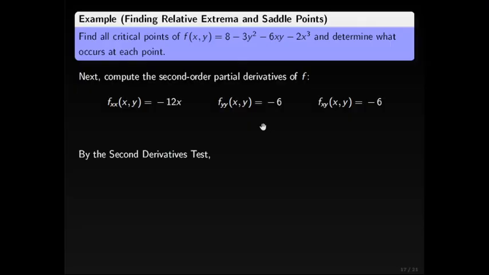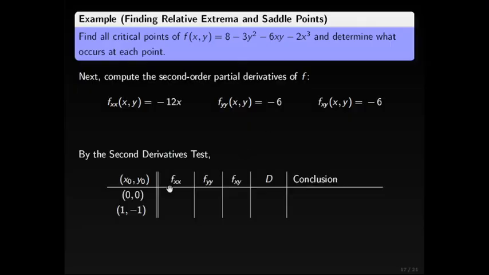And therefore, we have this summary for this function. At the critical point 0, 0, fxx is 0, and at 1, negative 1, fxx is negative 12.